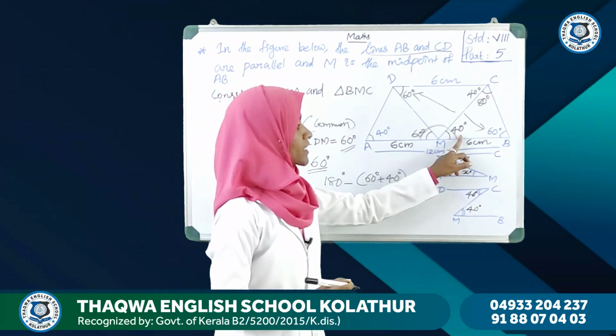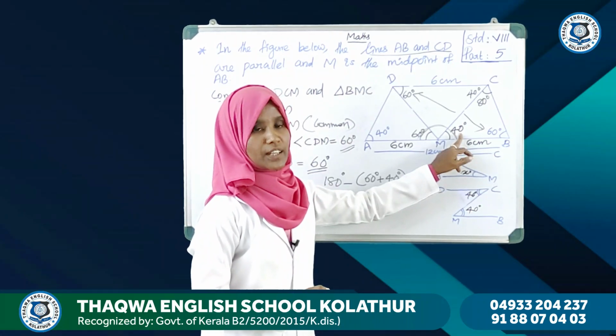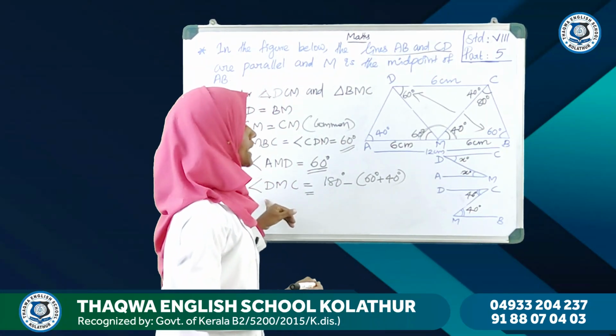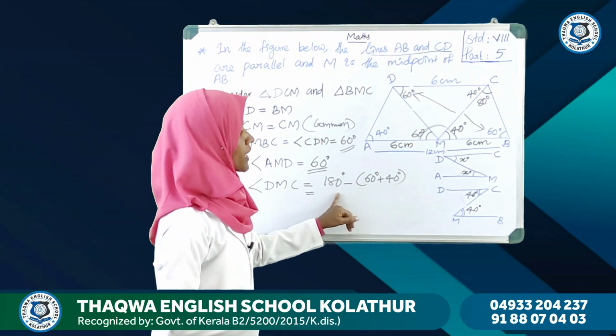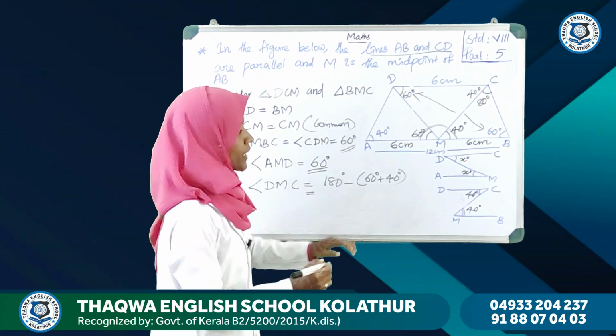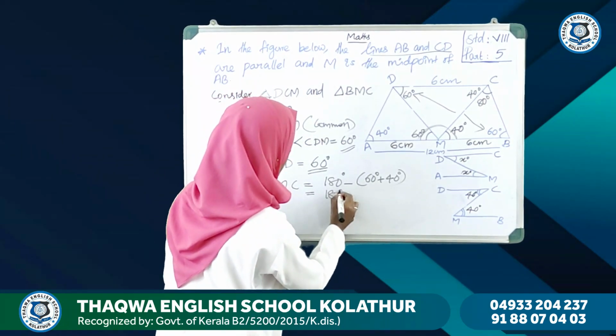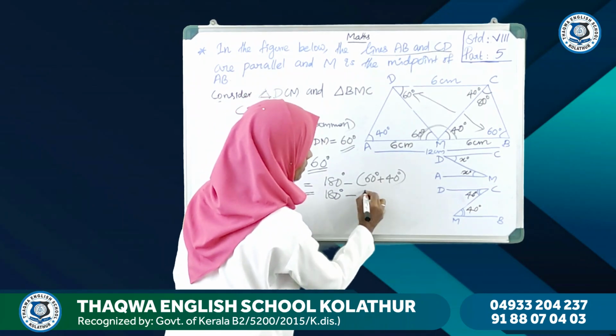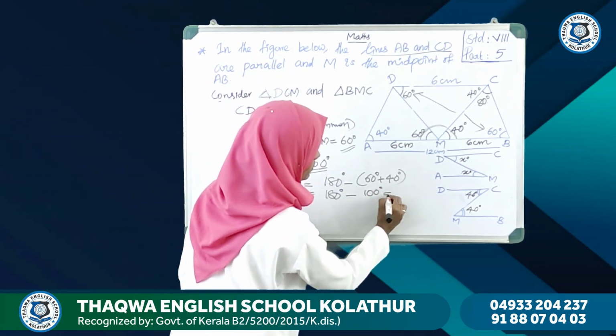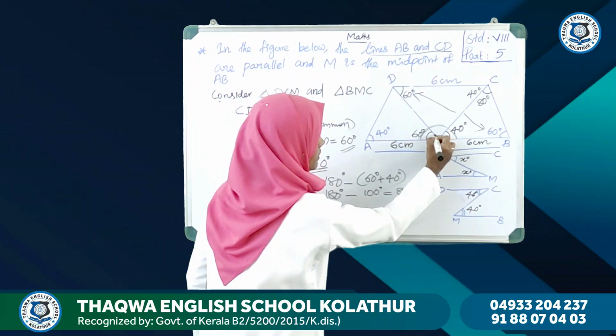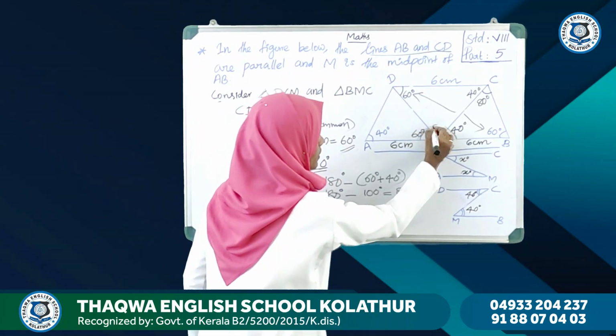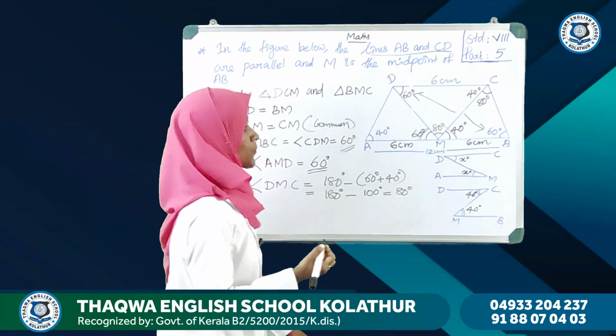Sum of these three angles is 180 degree. So angle DMC is 180 minus 60 plus 40. That is 180 minus 100. So 80 degree. So the third angle is 80 degree.